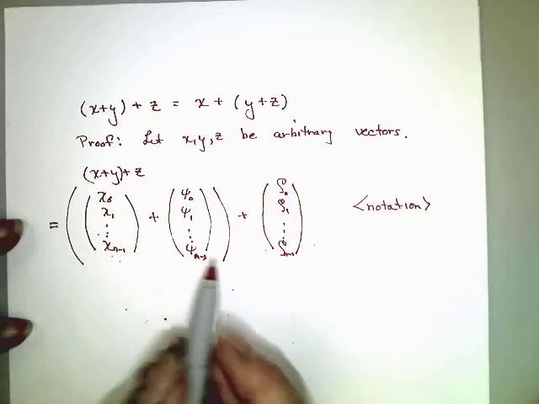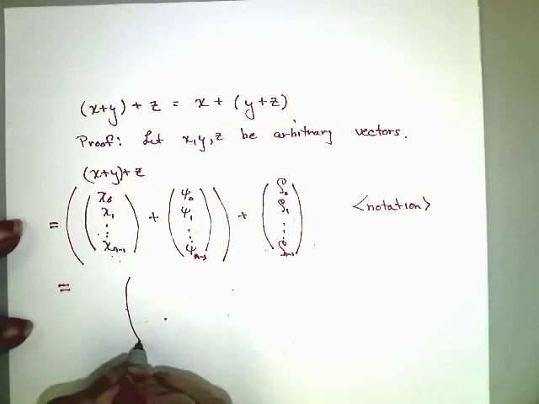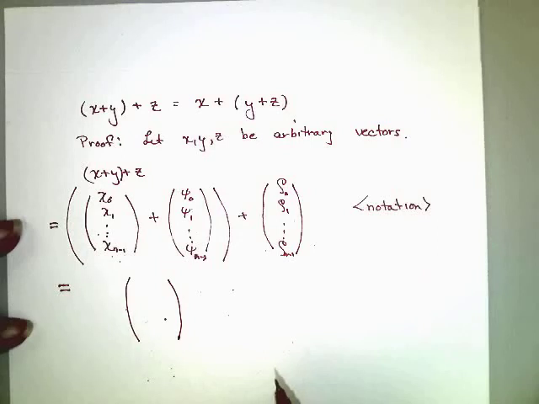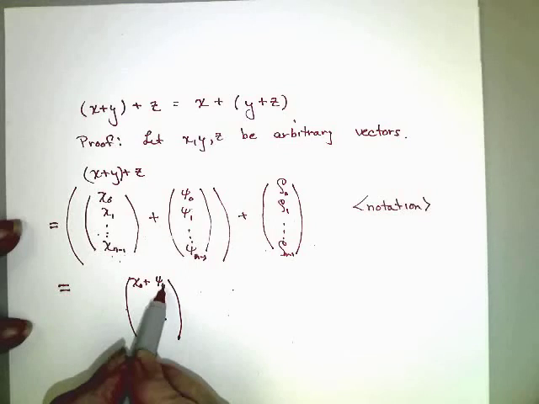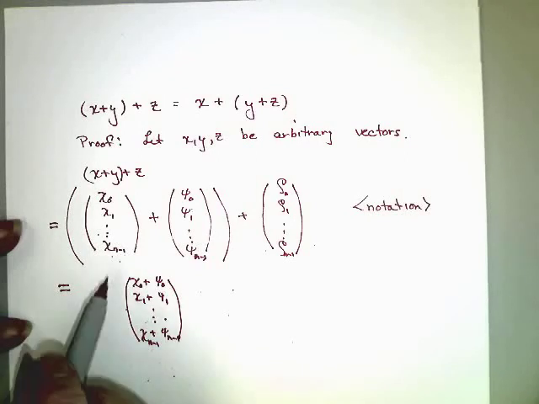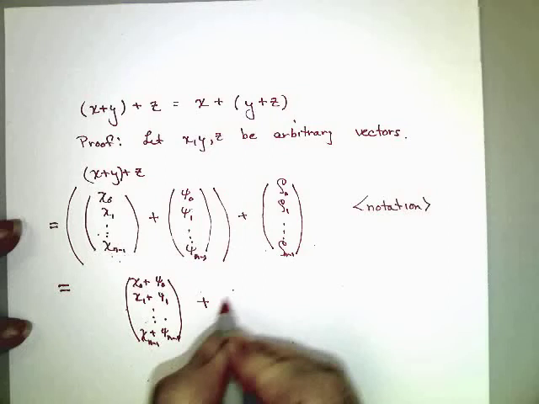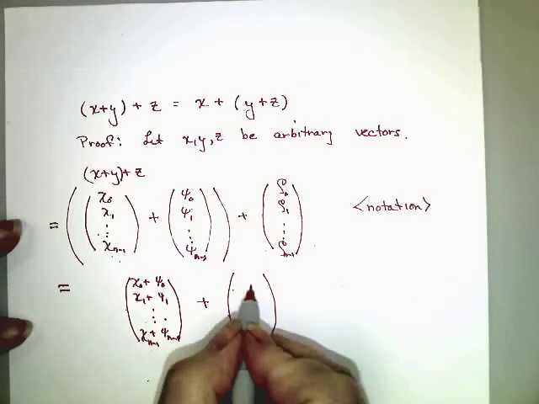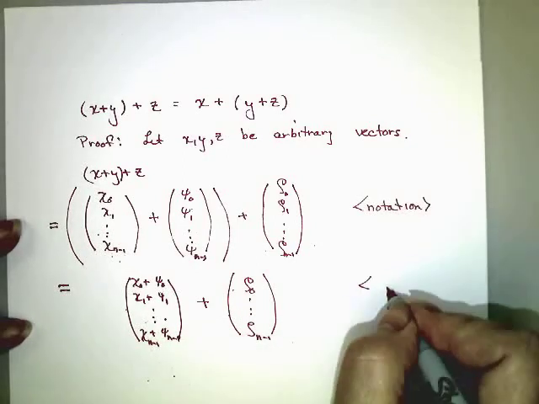Now, if I add these two vectors using our rule, I'm going to end up with a column vector of size n with components chi0 plus psi0, chi1 plus psi1, and so forth, chi n minus 1 plus psi n minus 1. So I add the components together. Then what I want to do is add the vector z. This is just vector addition.